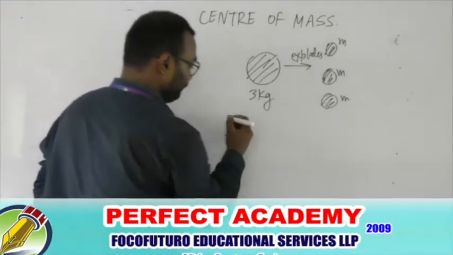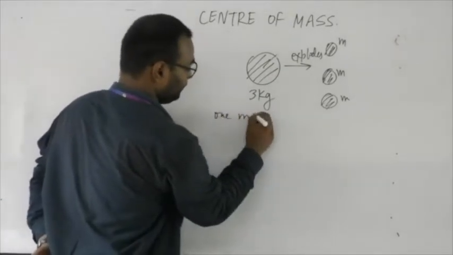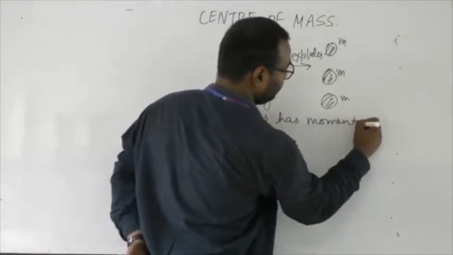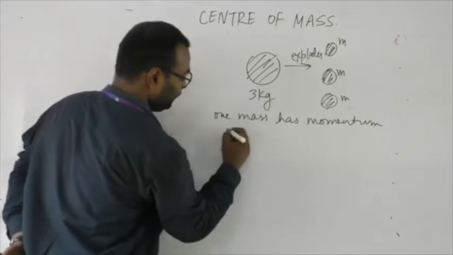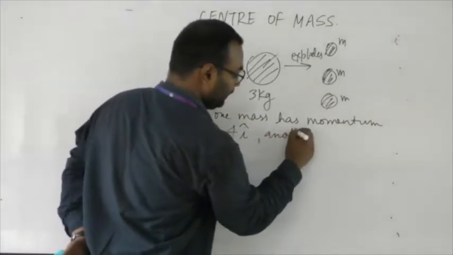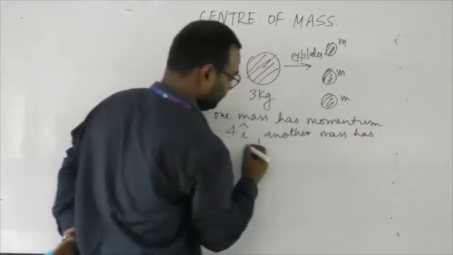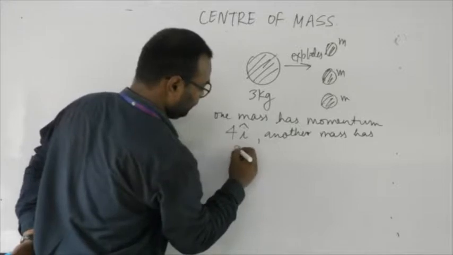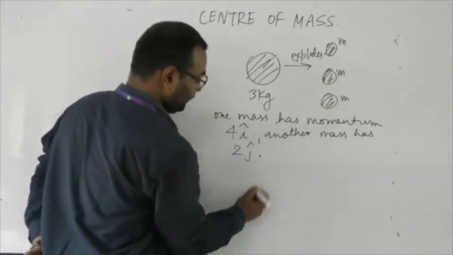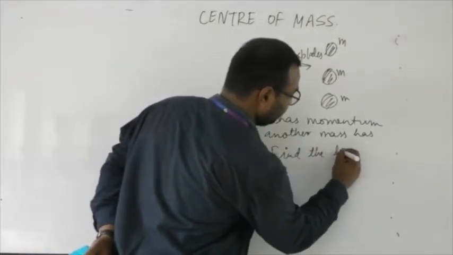Now, given that one mass has momentum 4 i cap, another mass has 2 j cap.